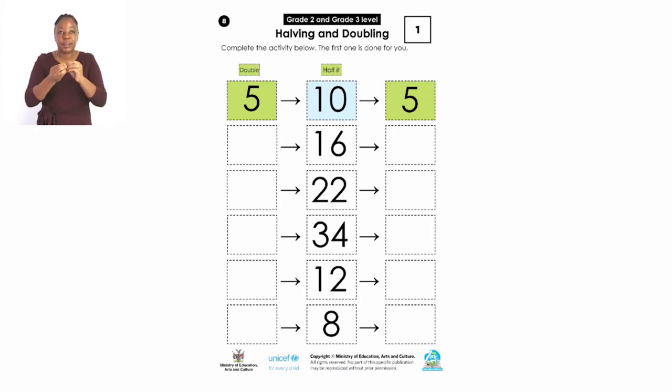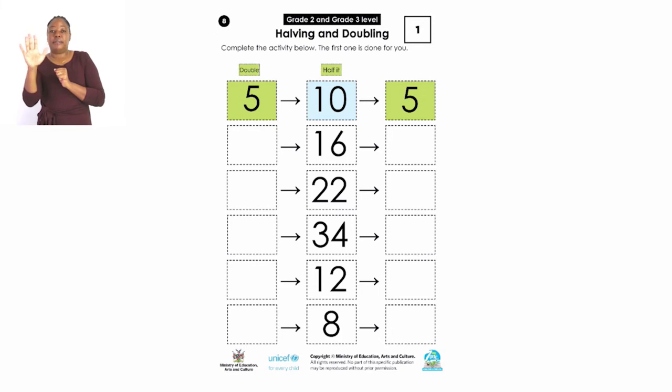If you can see the boxes that are there, it looks a little confusing, but number 1 has been done for you. Number 1 has 10 in the middle. And if you halve 10, you have the number on the other side, the one where the arrow is pointing towards. So half of 10 is 5.